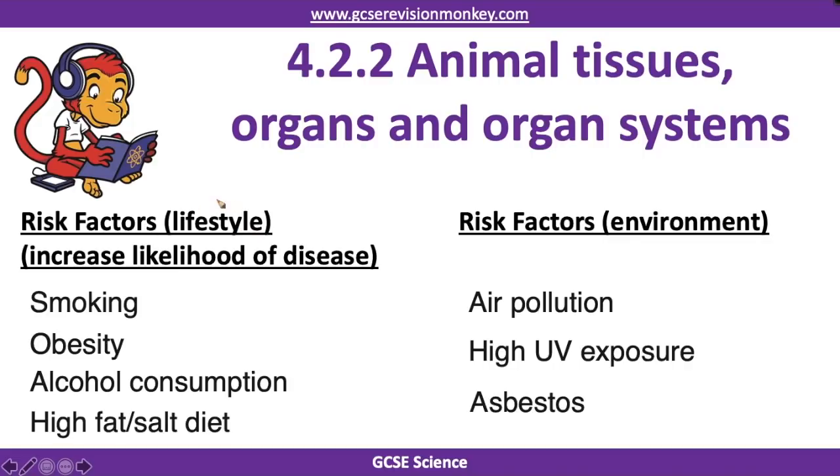As well as these lifestyle and environmental risk factors, it's becoming increasingly the case that your genes can actually increase your likelihood of getting certain disorders. For example, they're looking at genes that increase your chances of getting breast cancer, and some women are screening to find out if they have that gene and are perhaps opting for preventative measures to stop them getting breast cancer, like removing their breast tissue to reduce their risk.